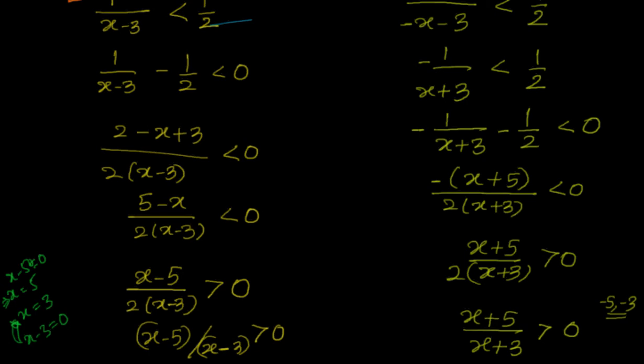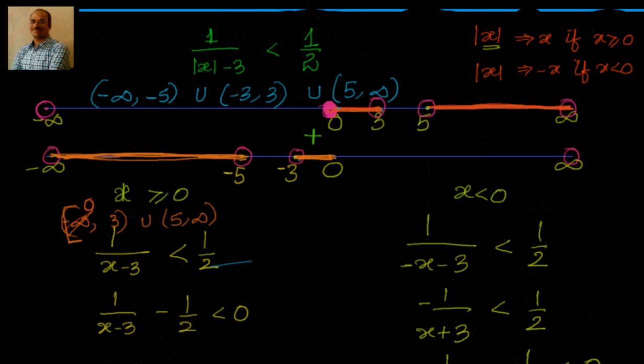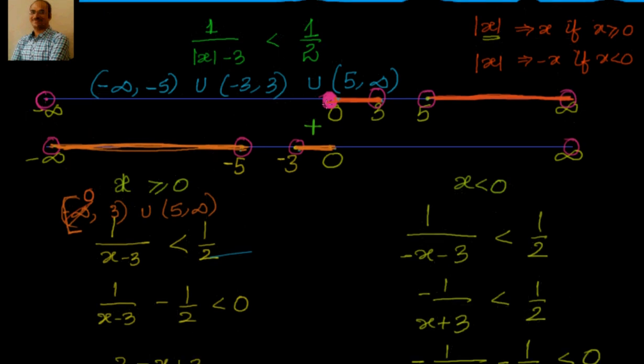Now you see that x minus 5 by x minus 3 greater than 0, your solution should be minus infinity to minus 5, then 3 to 5 to infinity, but we have to consider the values only greater than or equal to 0. So instead of minus infinity, I will have 0 and it is included. So I will have 0 to 3, 5 to infinity.